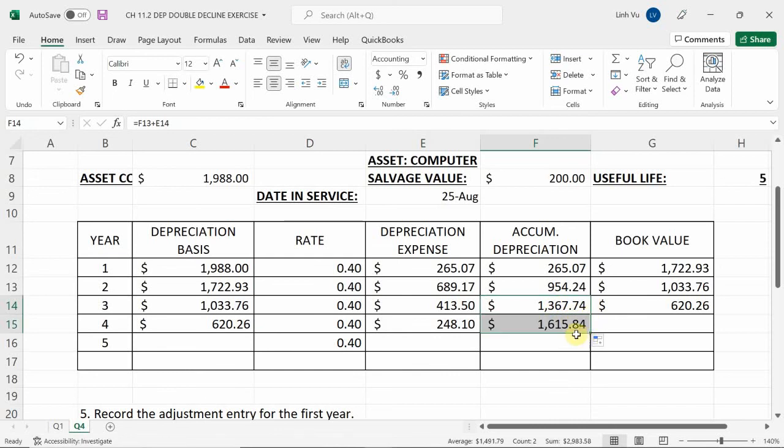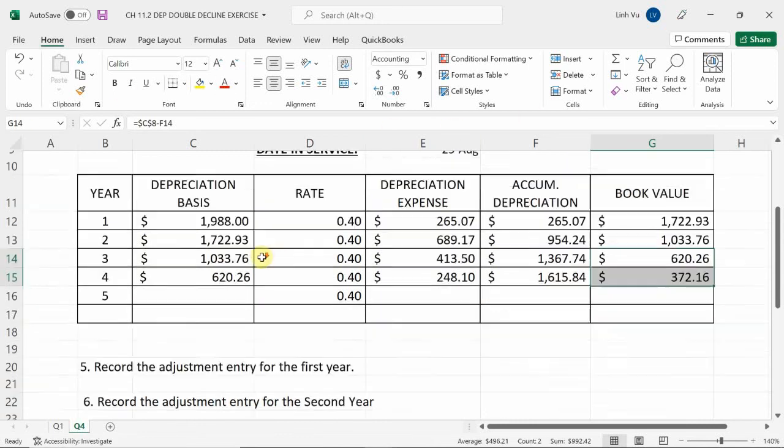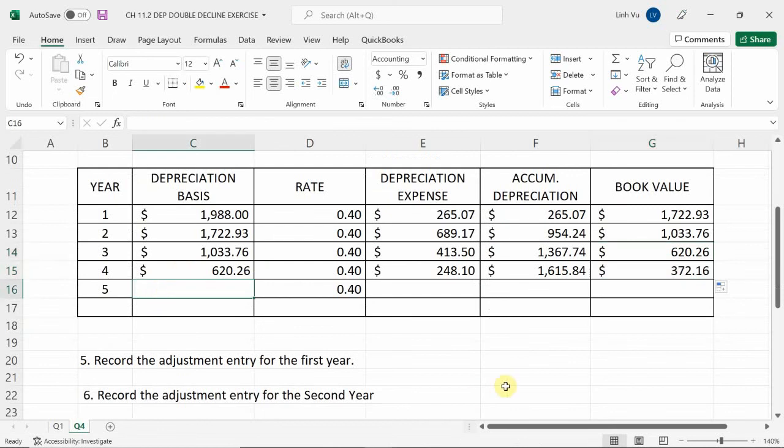Okay, which gives you 1615.84, which will give you a book value of 372.16. 372.16. Okay, which will carry over to the fifth year.